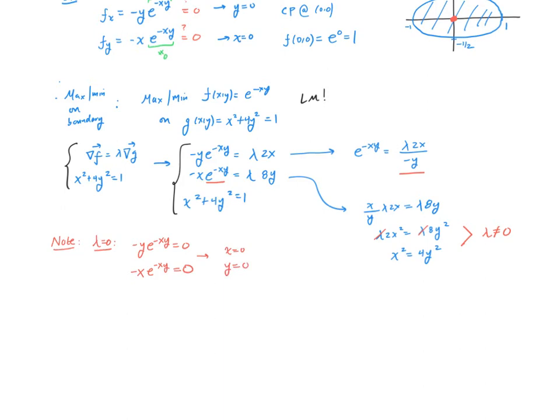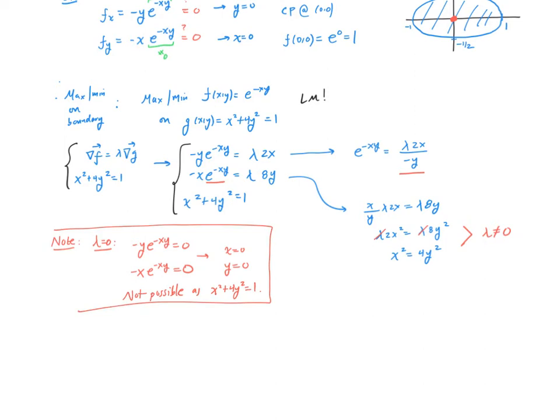But in terms of working on the boundary with Lagrange multipliers, it's not possible for x and y to both be 0. So note, this is not possible, as x squared plus 4y squared must be equal to 1. So it is a perfectly reasonable assumption to assume lambda is not equal to 0.